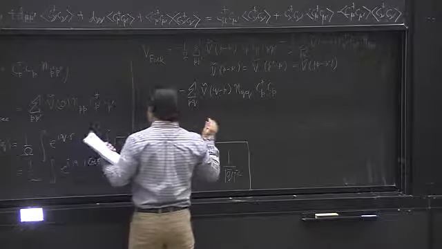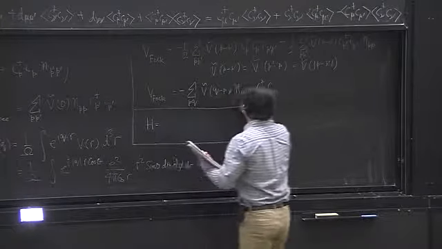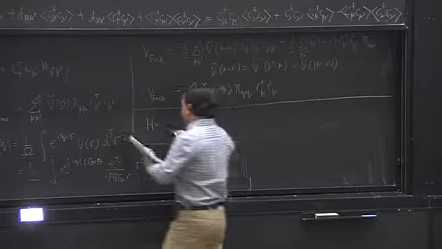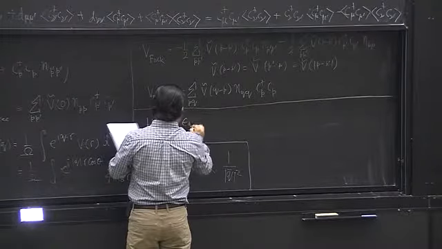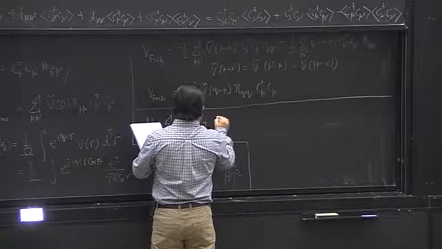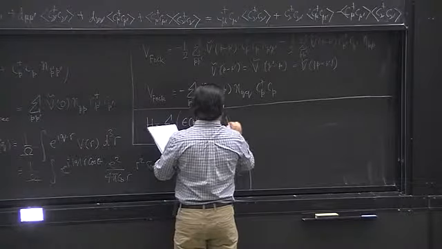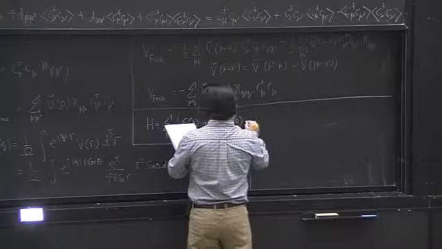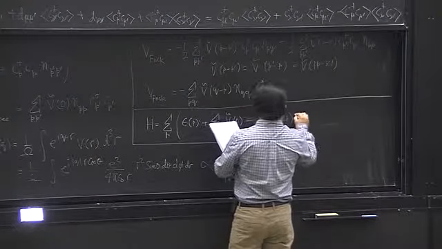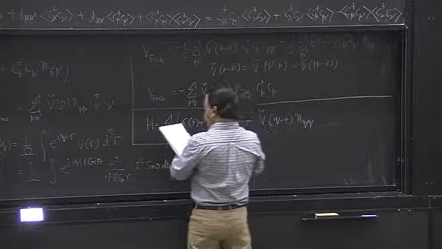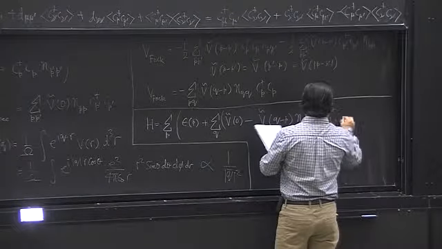So now I can write down the total Hamiltonian H as a sum over P, epsilon P, plus a sum over Q, V tilde 0 minus V tilde Q minus P, N_Q, C_P dagger C_P.